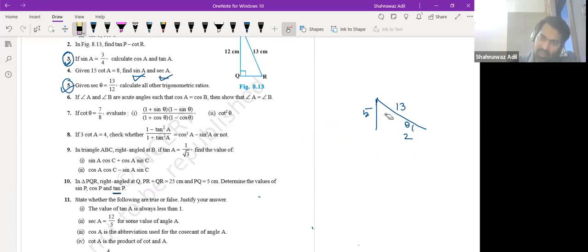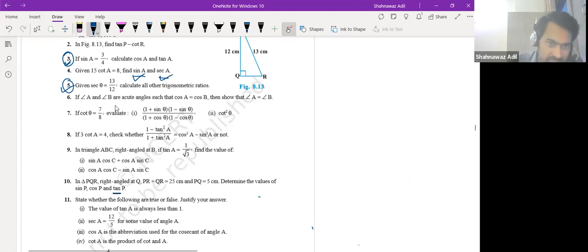This question is important. If angle A and angle B are acute angles in triangle ABC, which angle is 90 degrees?